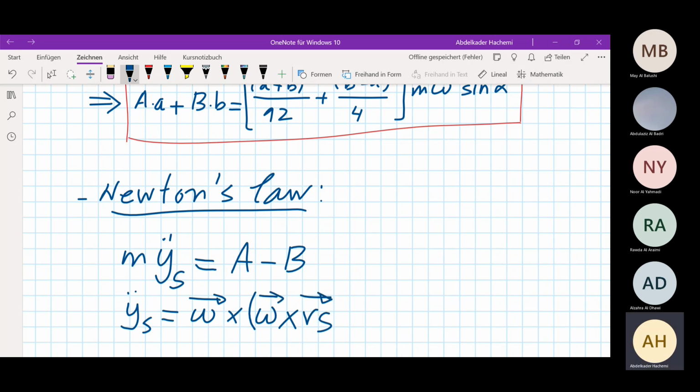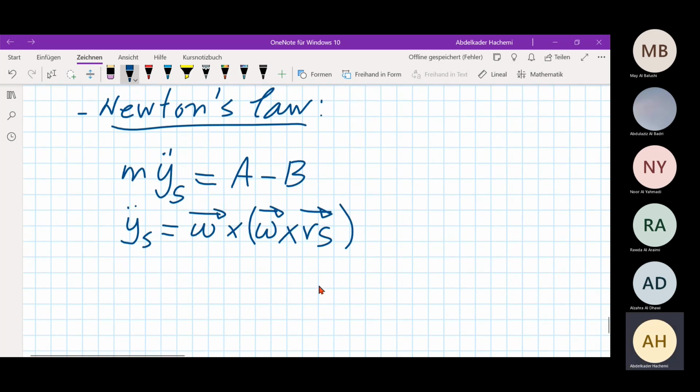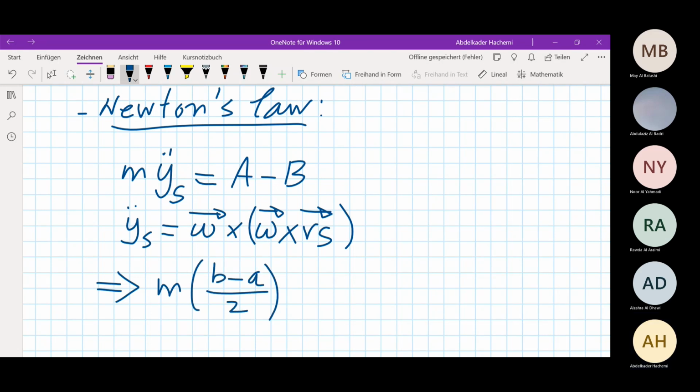This is the normal acceleration. Then in this case, we will get that m multiplied by (b minus a) divided by 2, omega square sine alpha will be equal to b minus a.